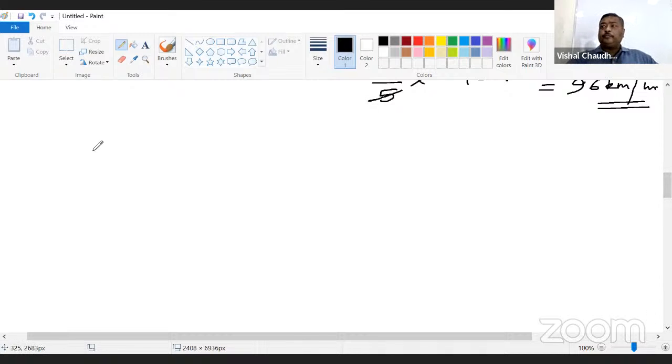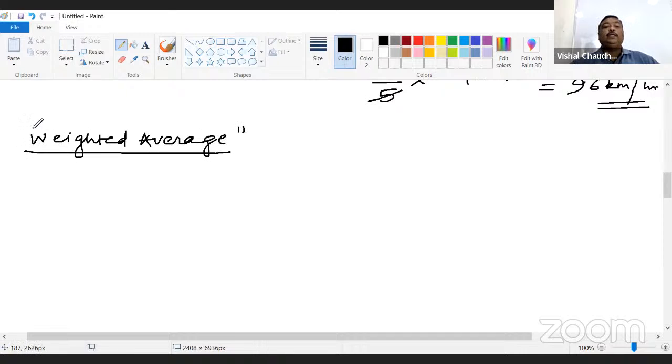Once again, the last concept for your average is weighted average. Now, what is a weighted average? You understand?